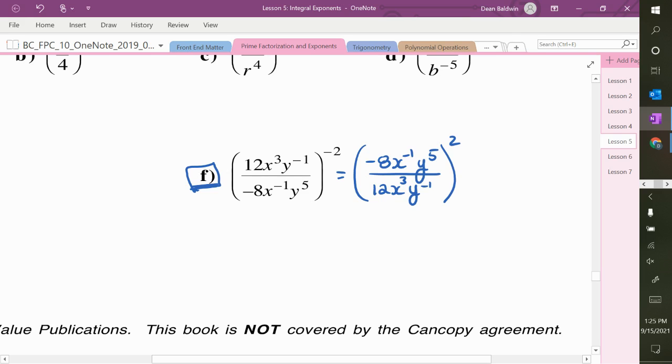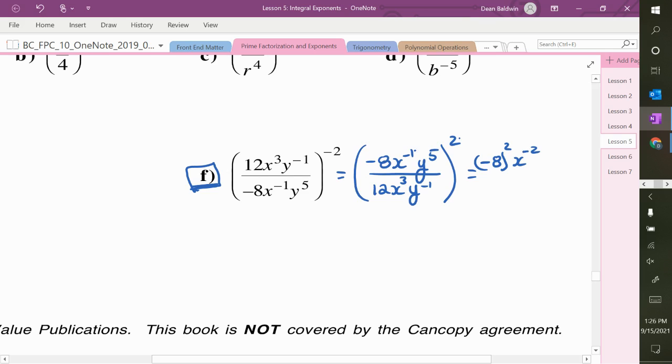Now what do we do? So the exponent can go to everything on the inside. So we can do that. Negative 8 to the power of 2. X to what power? What do you do with these 2 numbers?